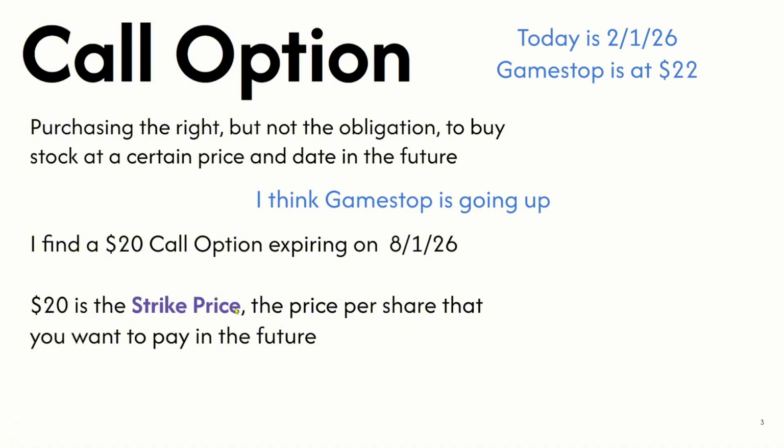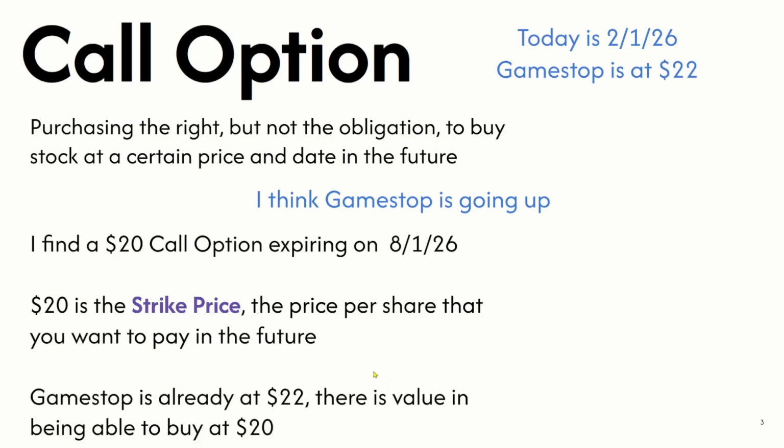And this is our first vocabulary word, the strike price. That is the price per share that you want to pay in the future. So if it's expiring on August 1st, then by August 1st, I want to have the right to buy the GameStop stock at $20.